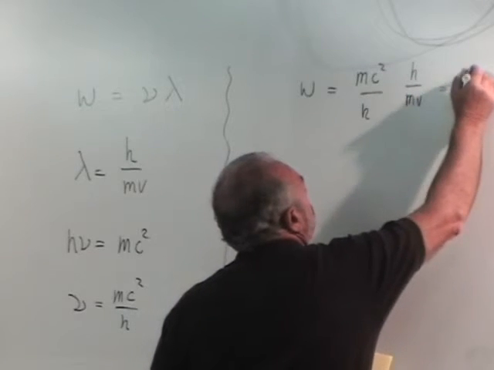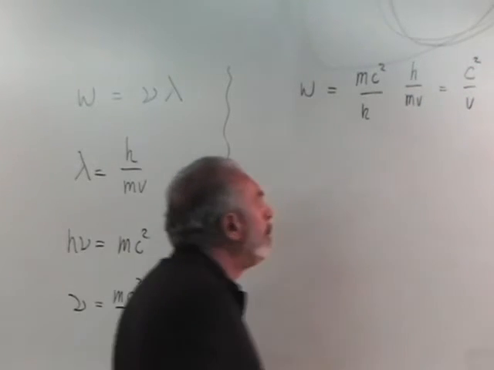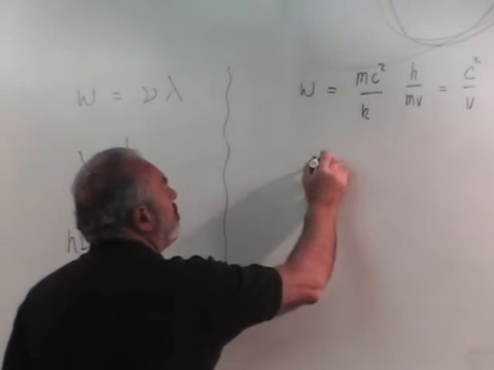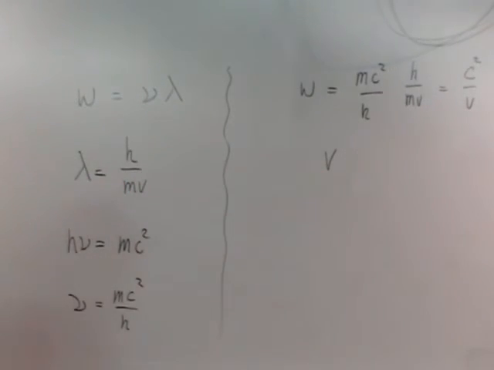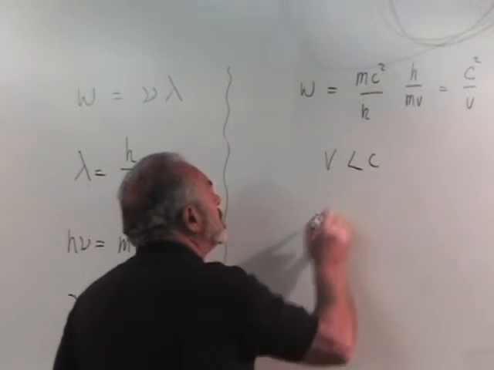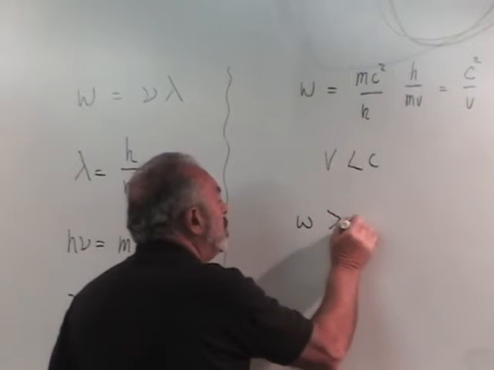So of course we end up with c squared over v. Now here's the question, ladies and gentlemen. Certainly the v represents the velocity of the particle, not the wave, of the particle. So naturally then, that must be less than c, so w must be greater than c.